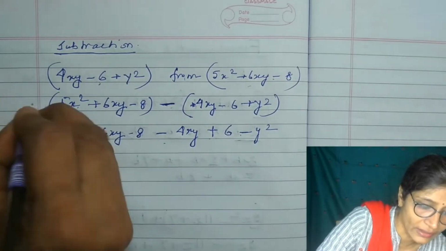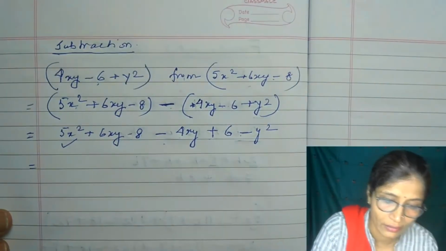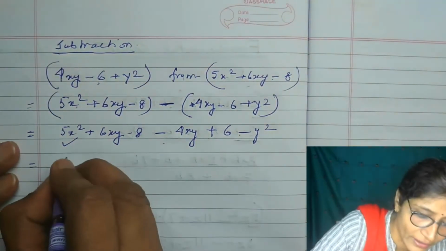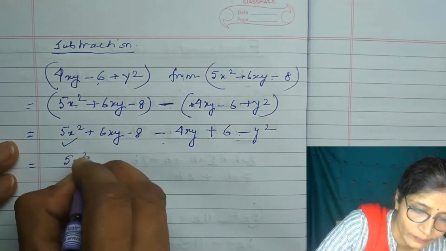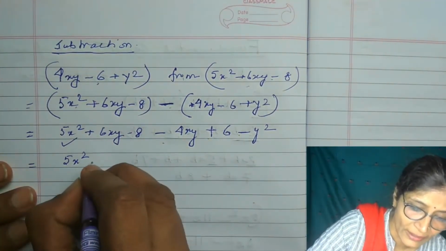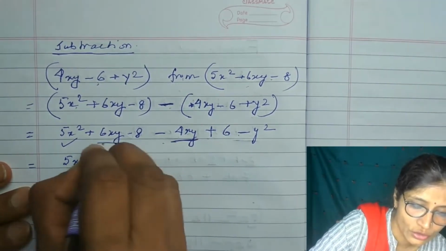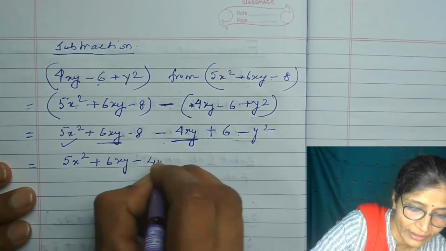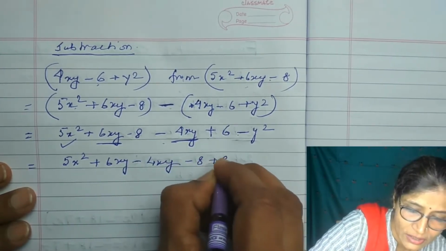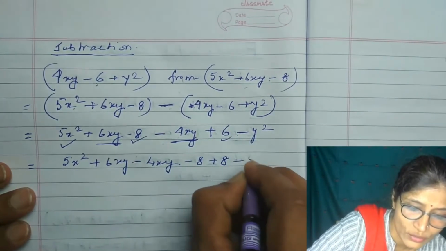Okay, now collect the like terms. Here x square is not repeated, so I will write just 5x square. Then 6xy, but here xy is there, so along with the sign, I will write minus 4xy. This is minus 8 plus 8, and then y square is there.